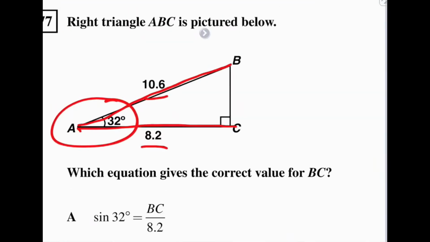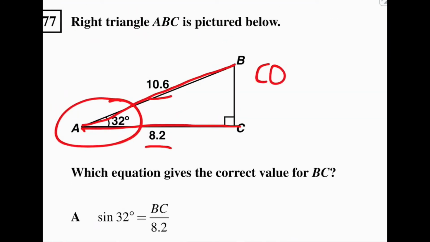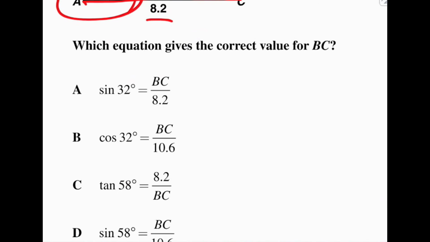So cosine of angle A, or we know it's 32 degrees. So the cosine of 32 degrees equals adjacent, which is 8.2 over 10.6.